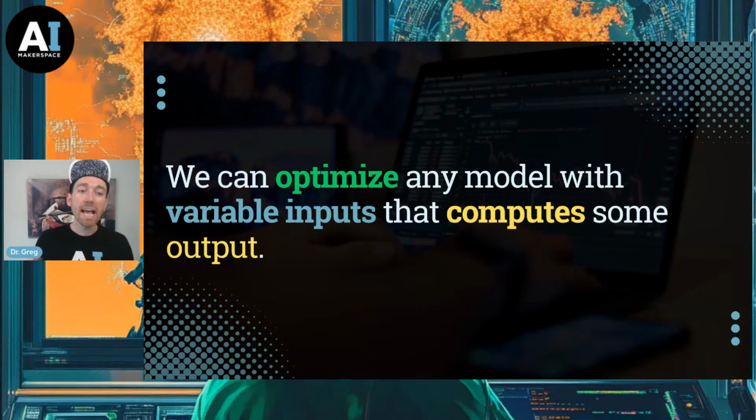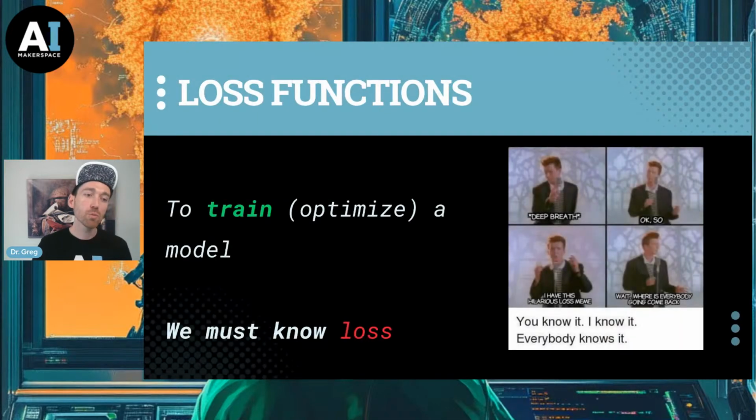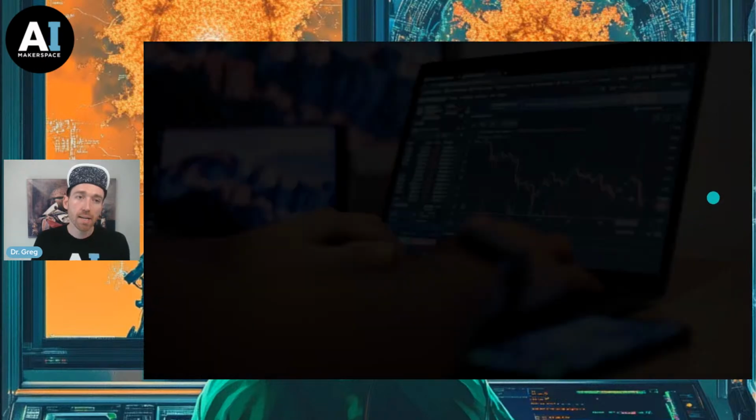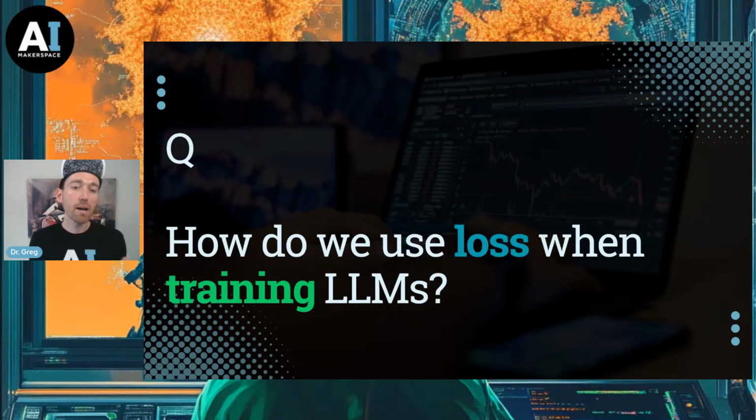Again, we can optimize any model that has variable inputs and computes some output. The way we optimize it is we train it to understand what output we want. In order to train it, we have to know loss. In LLMs, you might ask, how do we use loss when training those?